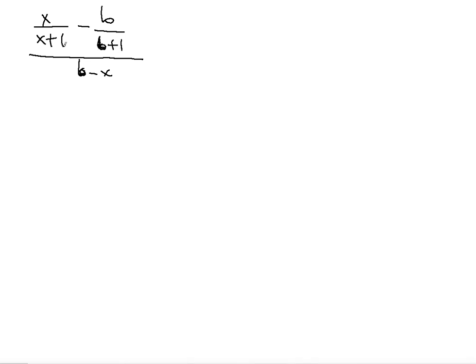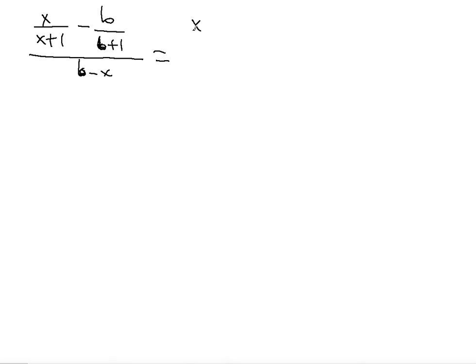So what's the LCD? The LCD of x plus 1 and b plus 1 is simply their product. x plus 1 times b plus 1 will be the least common denominator. So we have to multiply this fraction by x plus 1 over x plus 1, right? Not violating the fundamental principle of fractions.